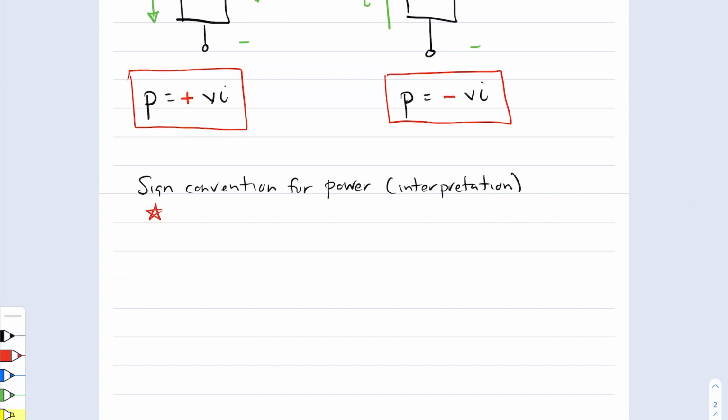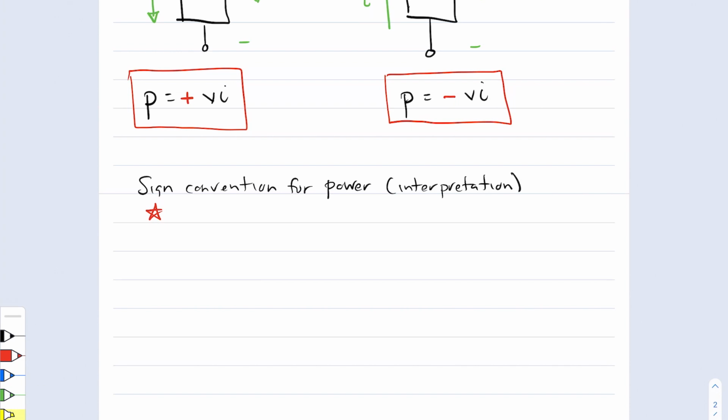So you never interpret the sign on the power based on the equations I just showed you, this one or this one. It is only by the end of the calculation, once you've plugged in values and numbers, that you can interpret whether an element is consuming power or generating power.